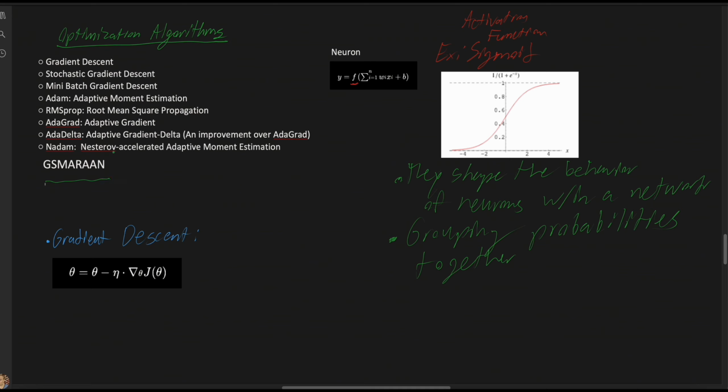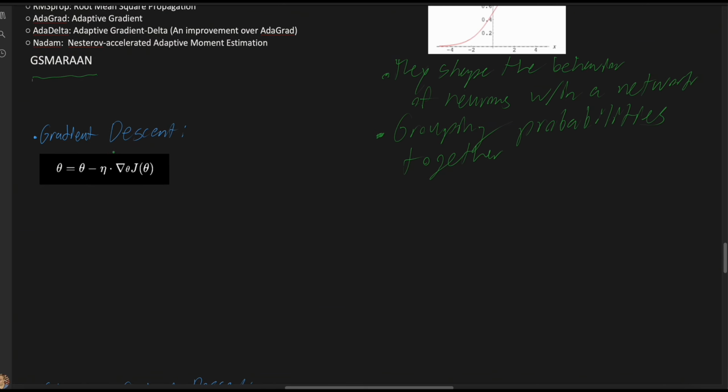Now, to be able to go over and understand further in depth, gradient descent is a first-order iterative optimization algorithm used to find the local minimum of a differentiable function. The idea is to take small proportional steps in the direction of the negative gradient, the steepest descent, of the objective function with respect to the model parameters.